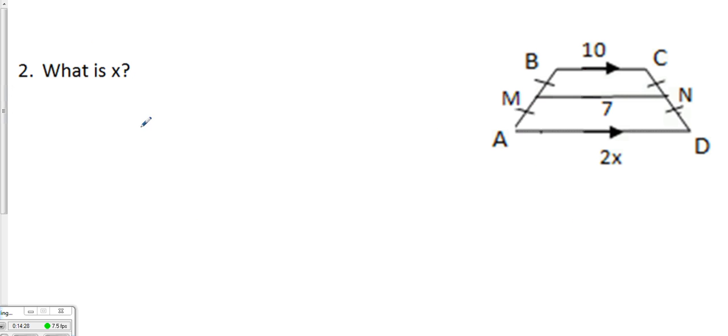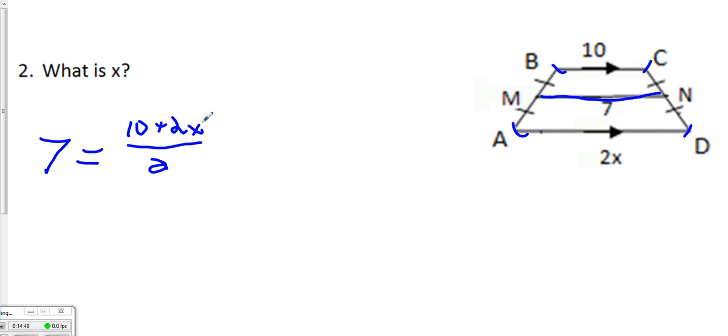Last example here. Same thing. We know that from here to here plus here to here divided by 2 equals this one. So we can say 7, because we already know how big it is, equals 10 plus 2x divided by 2. So we need to solve for x, find out how big this piece is here.